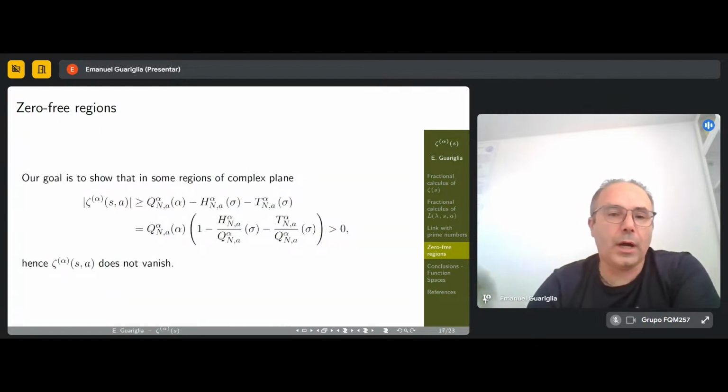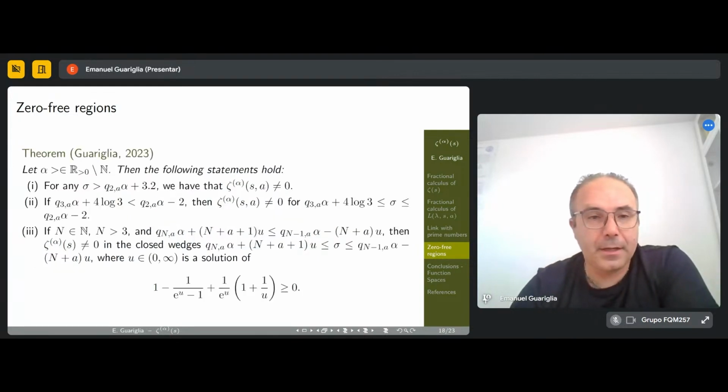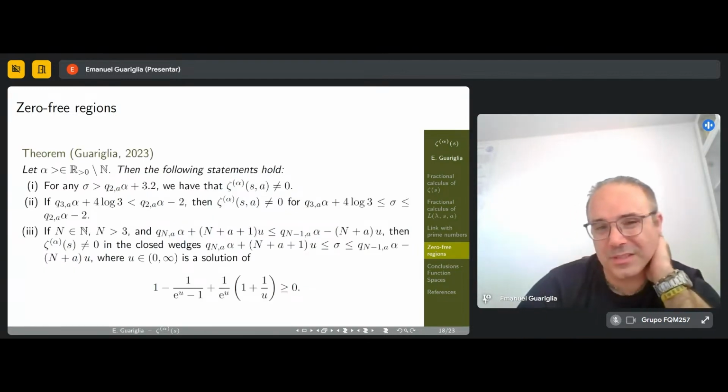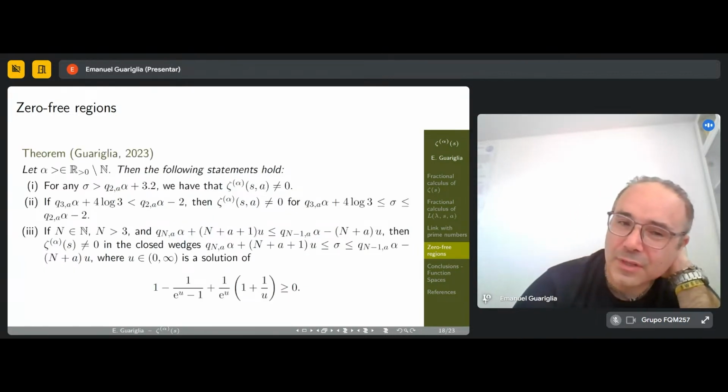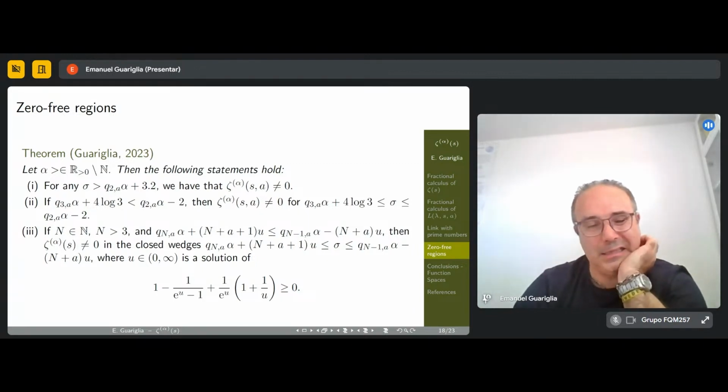So our main aim is to find this. If we find this, we get that zeta alpha s a doesn't vanish. I found this zero free region in 2023. Currently, I am working in another direction that I will explain now.